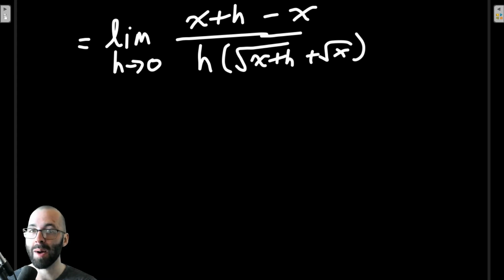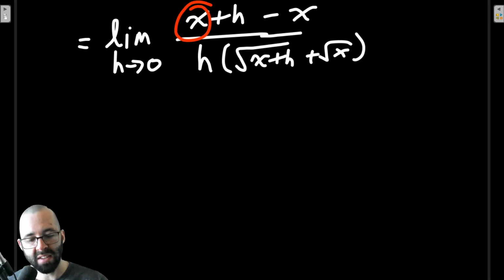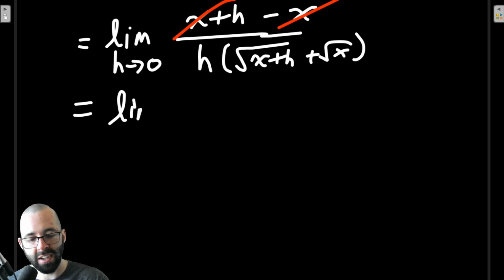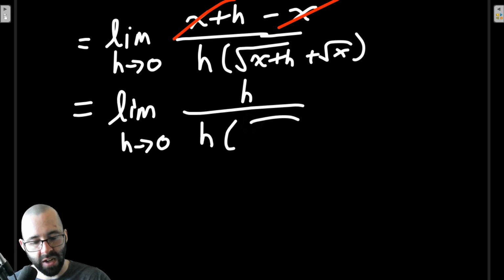We're almost finished with the problem. Because we have the beautiful thing that we love to see on the numerator. We have a plus x and we have a minus x. Plus x minus x, they cancel out. And look at this juicy, juicy place that we've gotten. The numerator only has an h. The denominator has an h times those square roots.